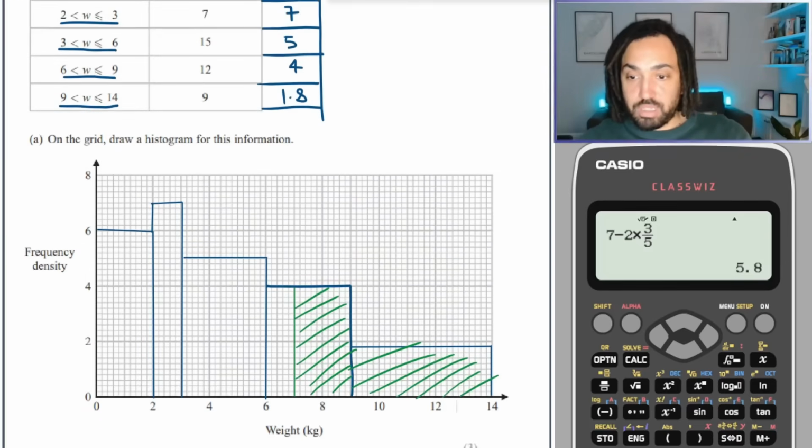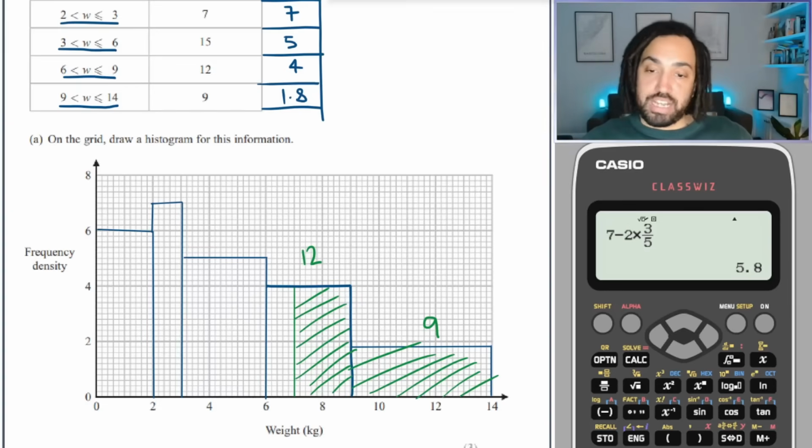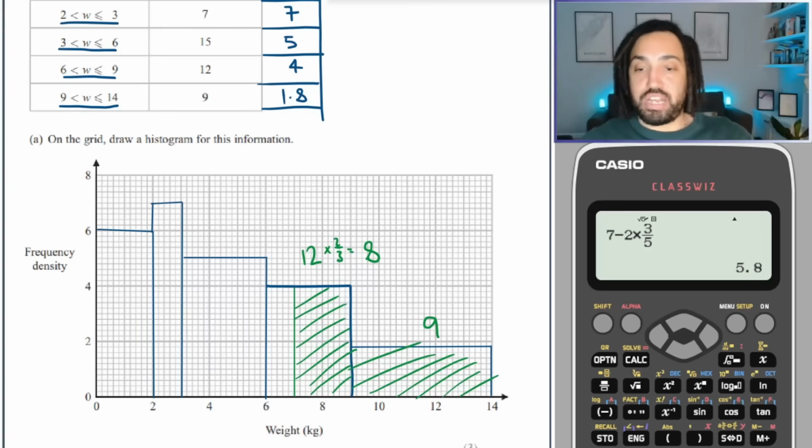Well, we know the last bar has an area of 9, and the second to last bar has an area of 12, but we are only looking at 2/3 of that bar. So if I was to times this by 2/3, that would give me 8. So the green area is 8 plus 9, which is 17.